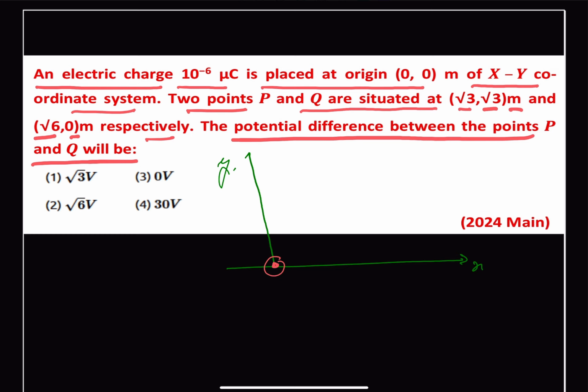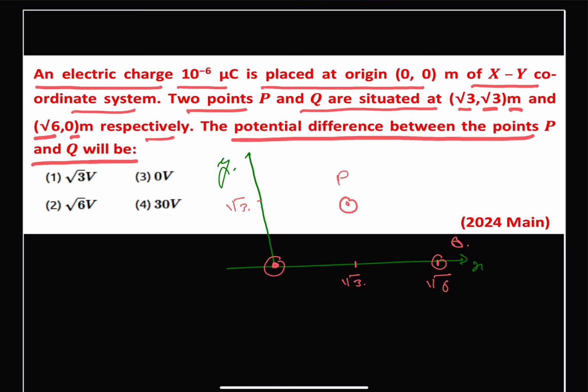So this is a charge, and there are 2 points P and Q. P is situated at square root of 3 as well as square root of 3. So let us suppose this is our square root of 3, and on the y-axis we also have square root of 3. So somewhere here, let us suppose this is point P, and Q point is located at square root of 6 meter. So let us suppose this is square root of 6, and this point will be our Q point.